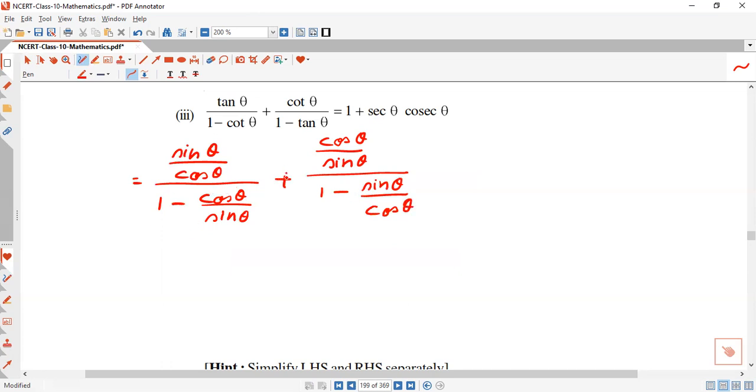Okay, fine. If we take the LCM in the denominators, what are we getting? You see this one, sine theta upon cos theta.